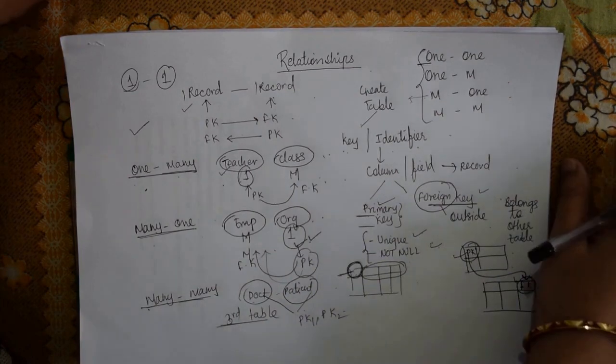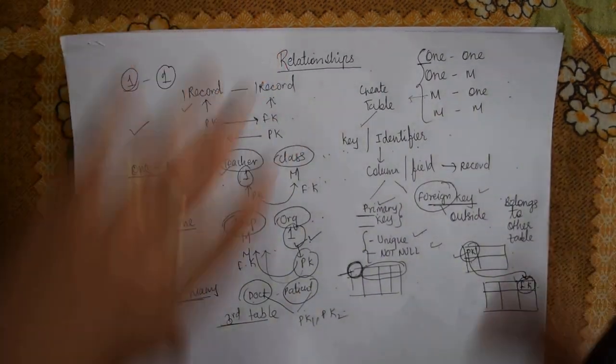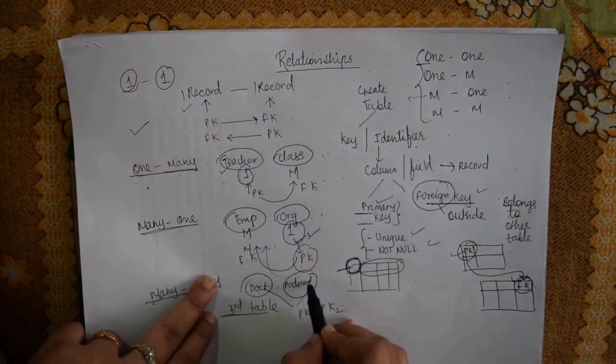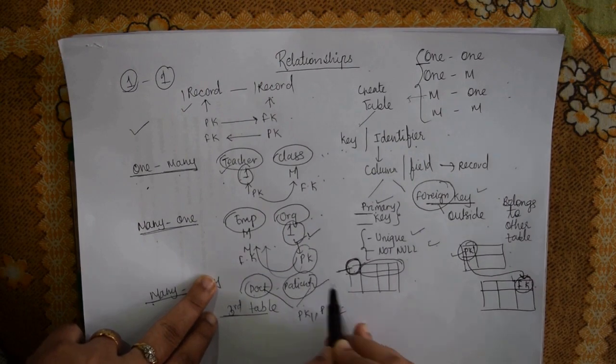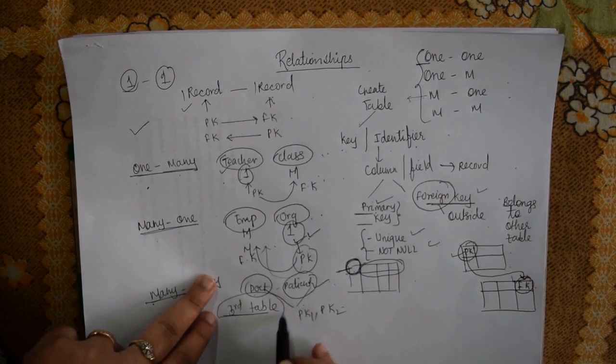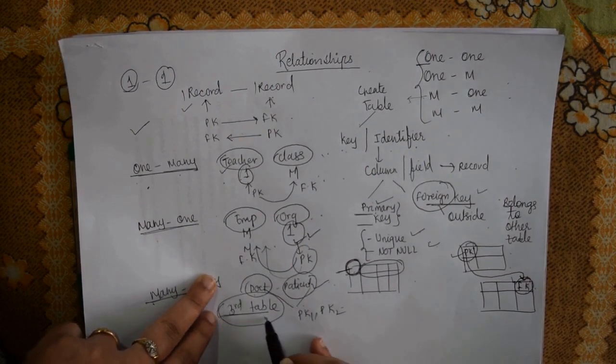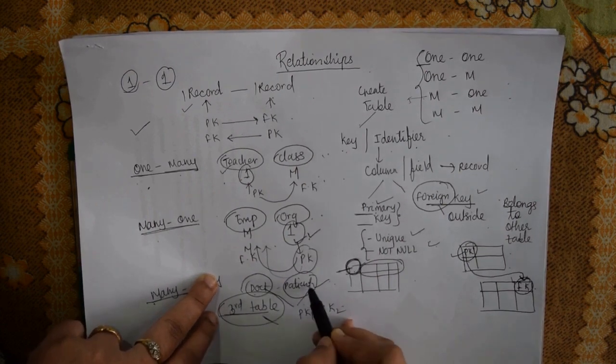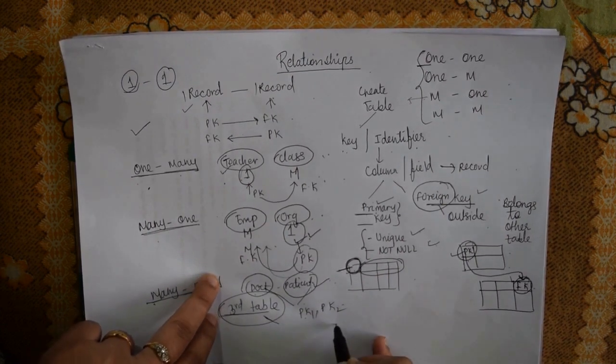Understood? In many to many relation you have to create both the tables as it is with the given attributes, and you have to create one more table, and this table will contain primary keys of both the attributes.